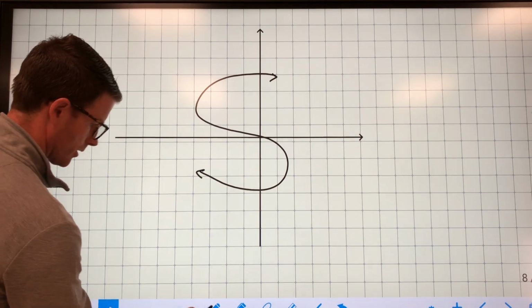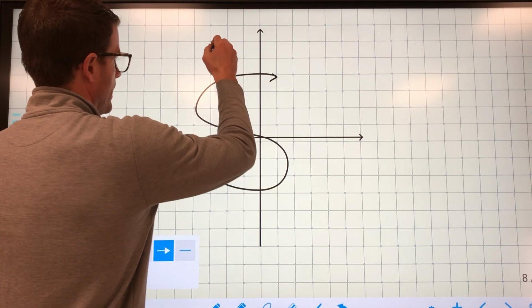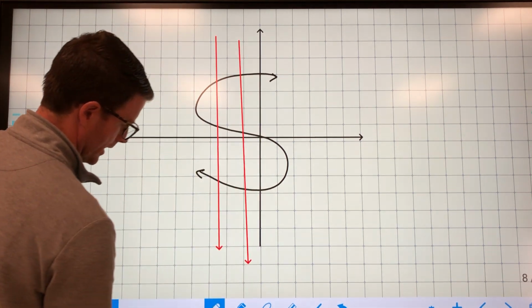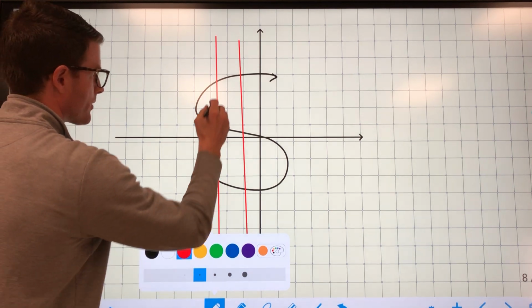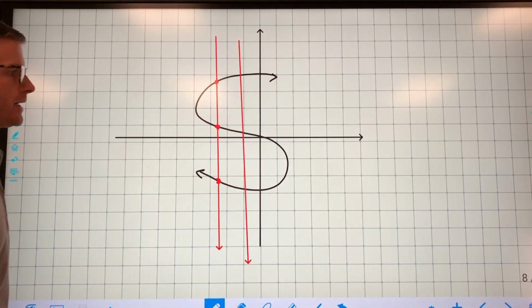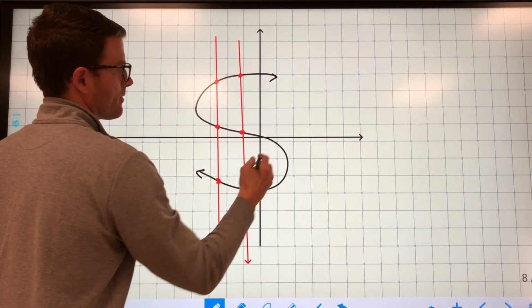Now we go back to the vertical line test, and we see that our vertical lines pass through at a couple different spots. 1, 2, 3. So no, this is not a function.